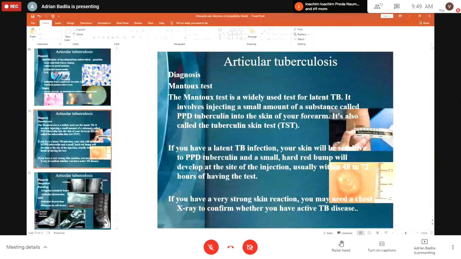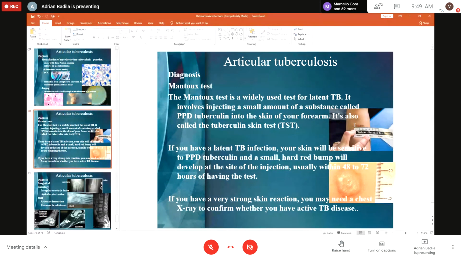We have another diagnosis test called the Mantoux test. This is widely used in the world. It involves injecting a small amount of PPD tuberculin into the skin of the patient. It is also called the tuberculin skin test.